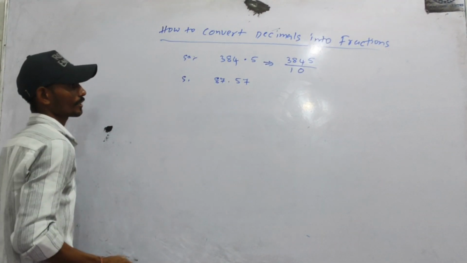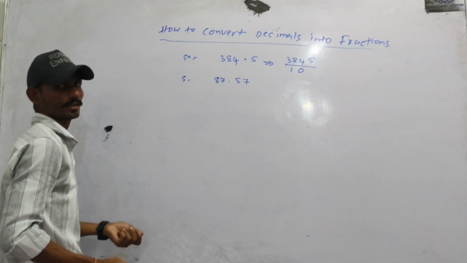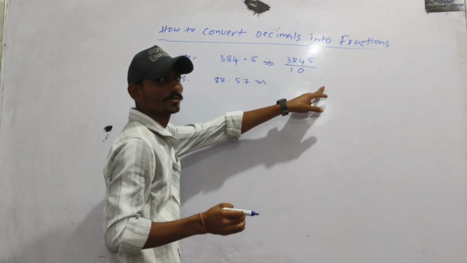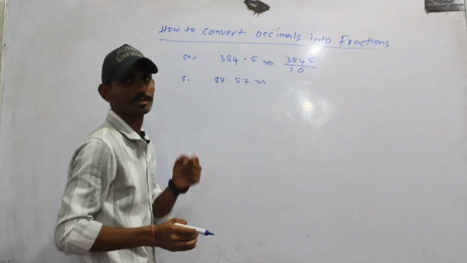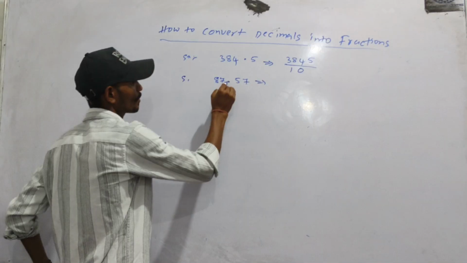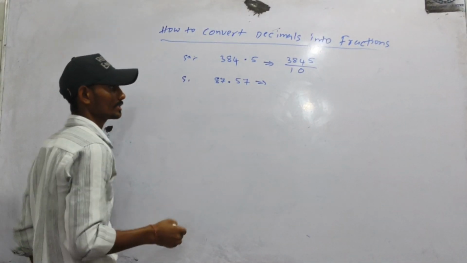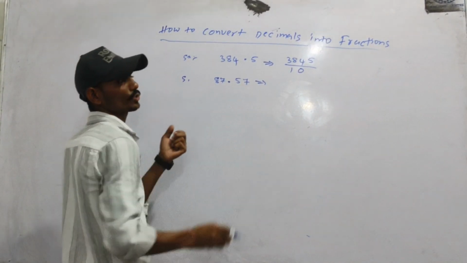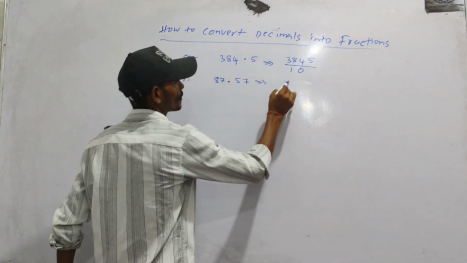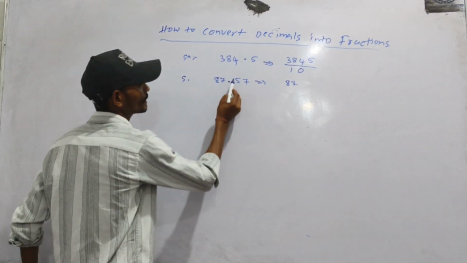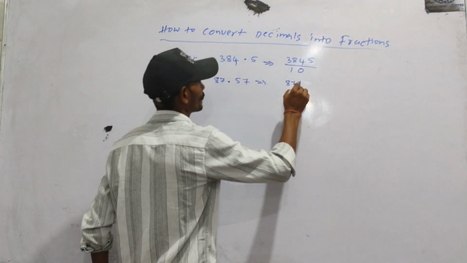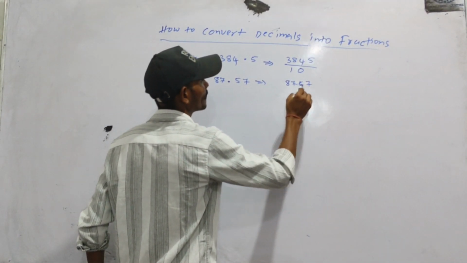Next, one more example. 87.57. This is the decimal form, and I am converting it into fractional form. A by b form is always a fraction. 87 point, this is the decimal point, and the digits after it are called decimals. Whatever numbers you have, you write directly: 87 and after the decimal point 57.